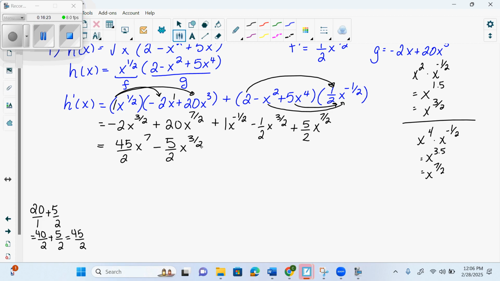And then we get x to the negative a half. I just wrote it wrong. Got it. And then if we wanted to write it as a radical, we'd go 45 root x to the 7 over 2, minus 5 over 2 square root of x cubed, and then that would drop to the bottom, square root of x.